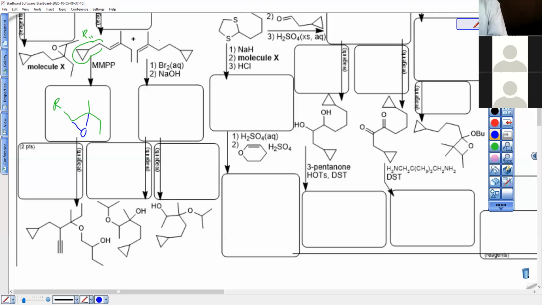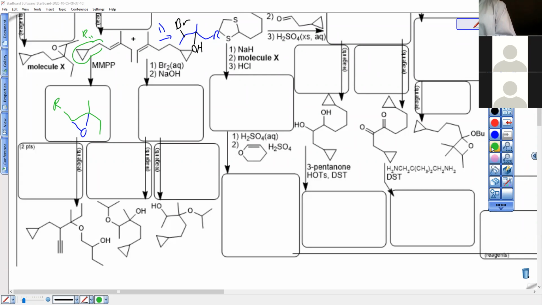If you want a quick review on that, step 1 gives you this intermediate with a more electronegative O on the more substituted carbon, less electronegative Br on the less substituted carbon. A base will take the H off the O to make an O minus, which will make an epoxide. Kick off the Br.